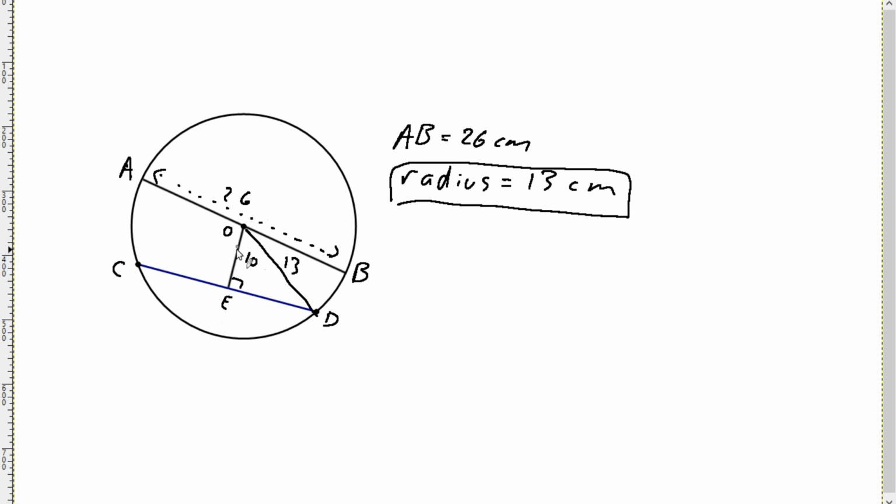We have two sides, and it's a right angle triangle, so we can figure out that third side. So we'll say a squared plus 10 squared equals 13 squared. A squared plus 100 equals, what's 13 squared? 169.